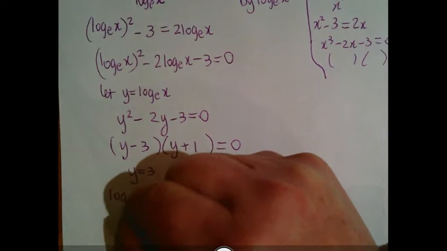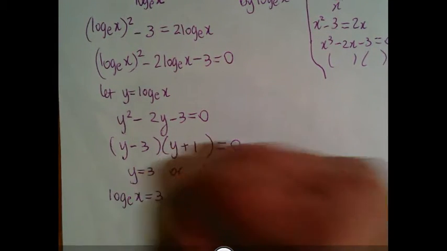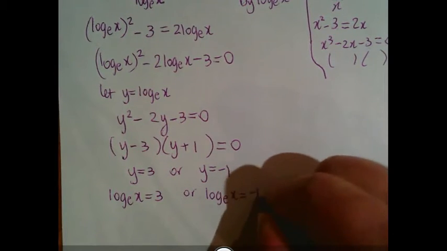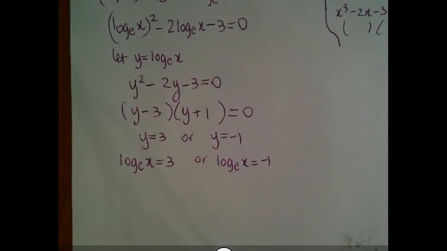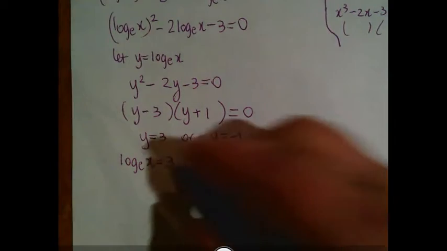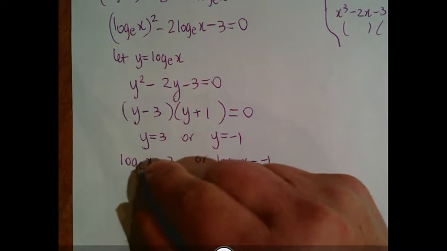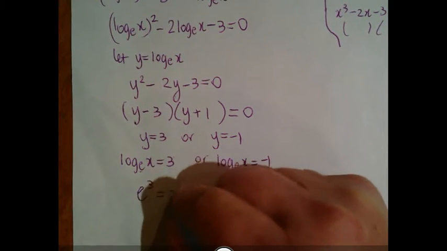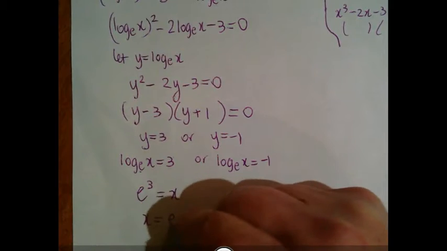But y equals log to the base e of x. So log to the base e of x is 3, or log to the base e of x is negative 1. Okay, now we need to solve for x. Now remember e is the base, so I've got e to the power of 3 equals x, so therefore x is e to the power of 3.